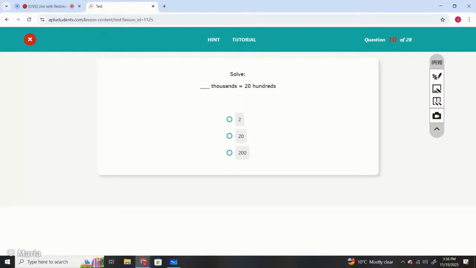20 hundreds equal how many thousands? 20 hundreds equal 2 thousands. Option number 1 is the correct option. 50 hundreds equal how many thousands?